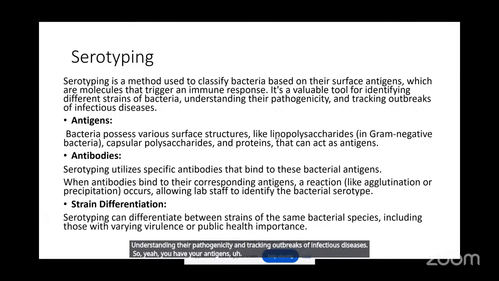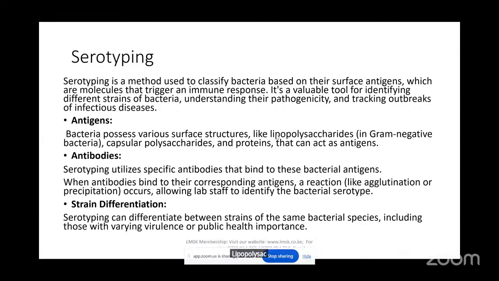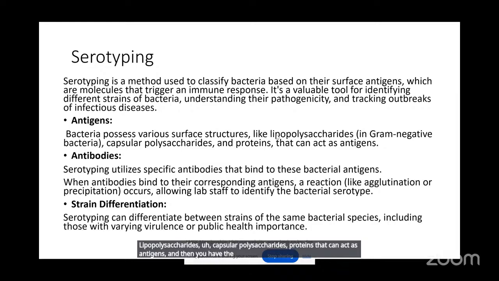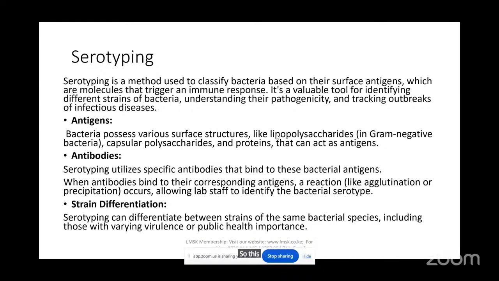Bacteria possess surface structures like lipopolysaccharides, capsular polysaccharides, and proteins that can act as antigens. And then you have the antibodies or your antisera. Serotyping utilizes specific antibodies that bind to these bacterial antigens. When antibodies bind to their corresponding antigens, a reaction like agglutination or precipitation occurs, allowing the lab staff to identify the bacterial serotype.